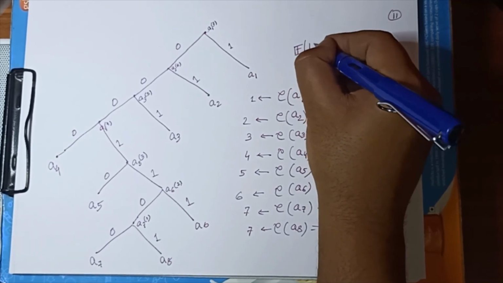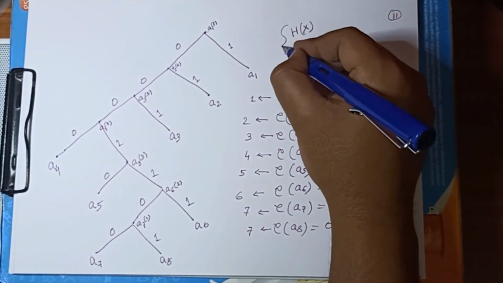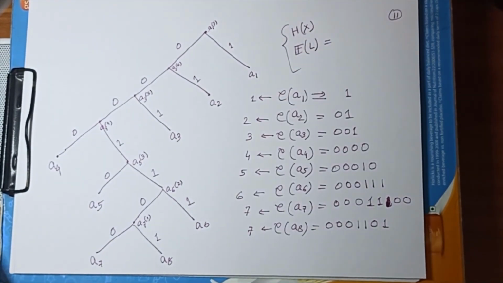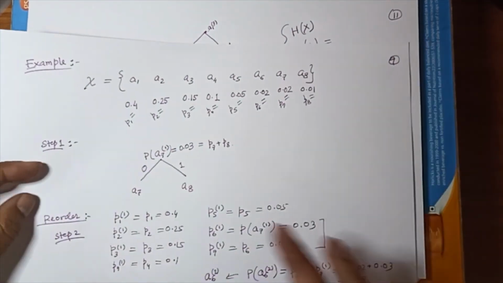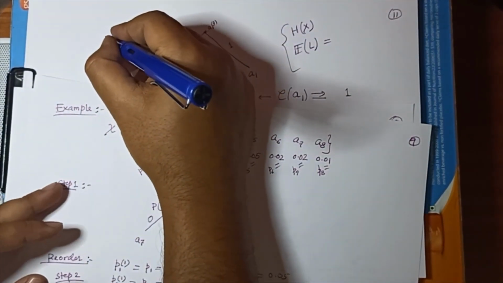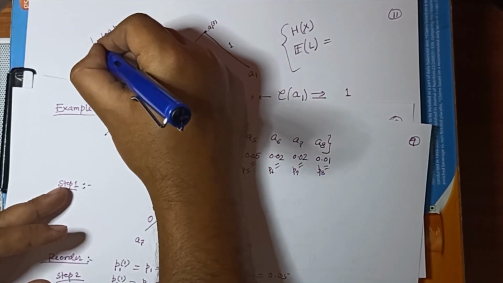You compute Hx also and compare them, although in the construction of the code you don't need Hx. Okay, you do one thing as well, that is from this probability just compute the lengths from this formula, that is the ceiling of log of 1 by pi.